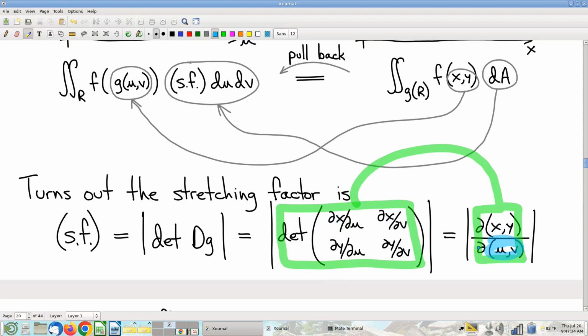So it is kind of believable, right? You can see right here the output variables, X and Y, and you're taking the partials with respect to the input variables, U and V.